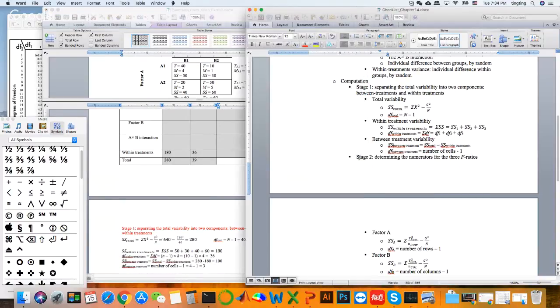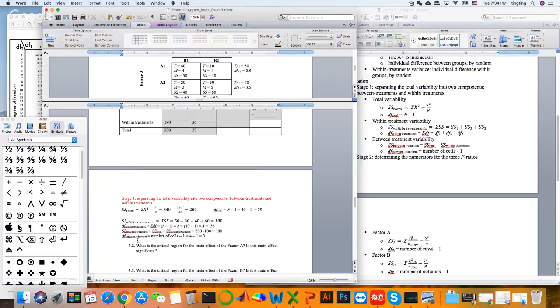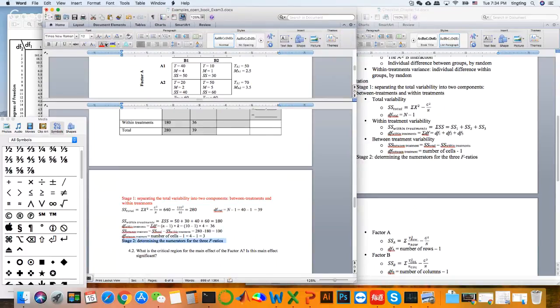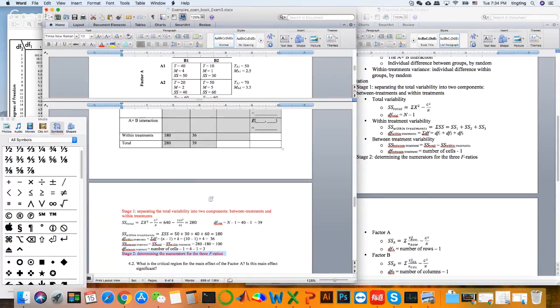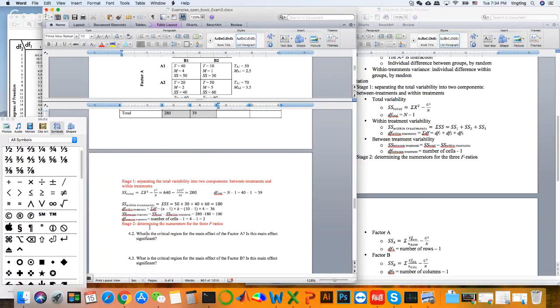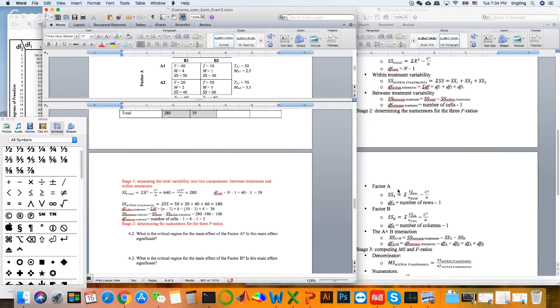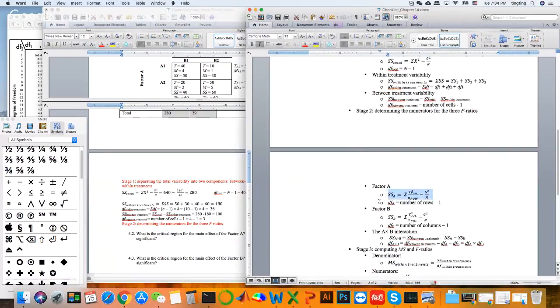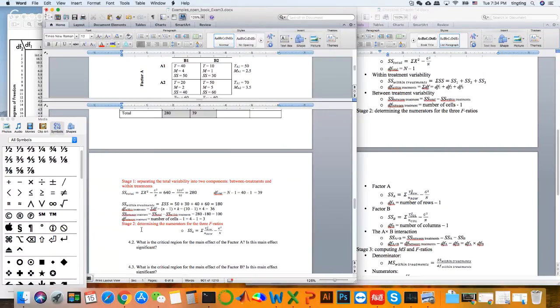And then the stage 2, determine the numerator for 3 F ratios. The numerator is here: the MS factor A, MS factor B, MS interaction, respectively. So for factor A, SSA equals to T rows.